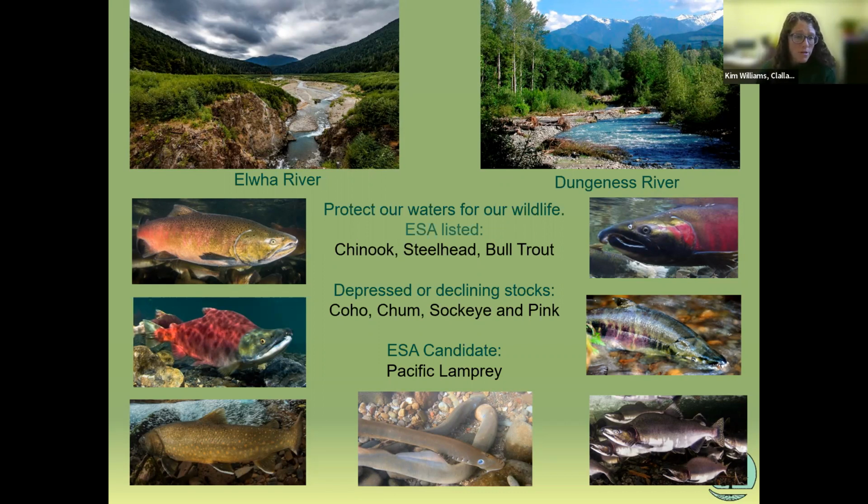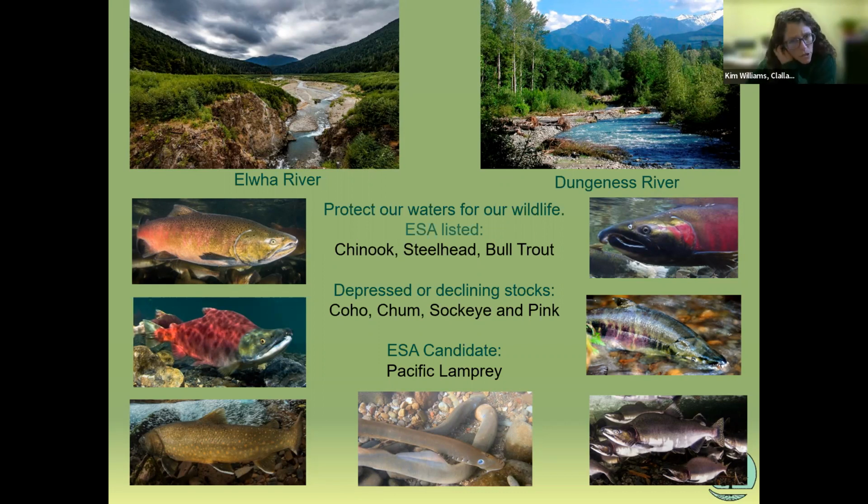And most of the other stocks of salmon and trout are declining. And these rivers also hold Pacific lamprey, which is a fish species that is a candidate for being listed on the Endangered Species Act list. Being a candidate means that they're just gathering more information and doing population studies. There's not enough known about them right now.